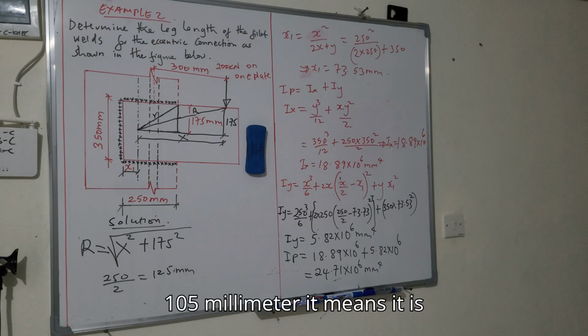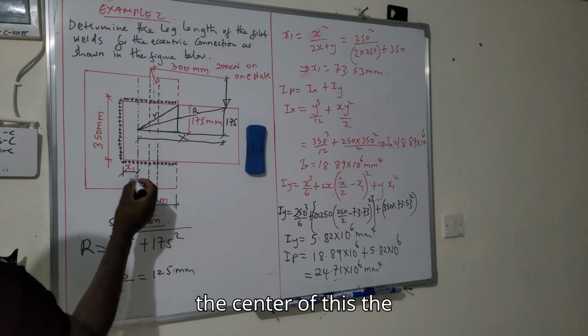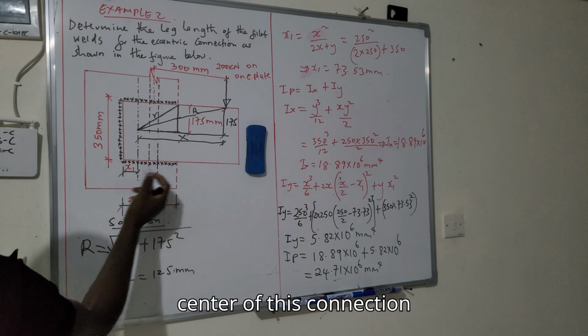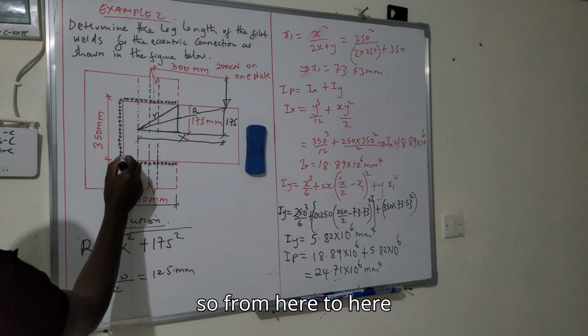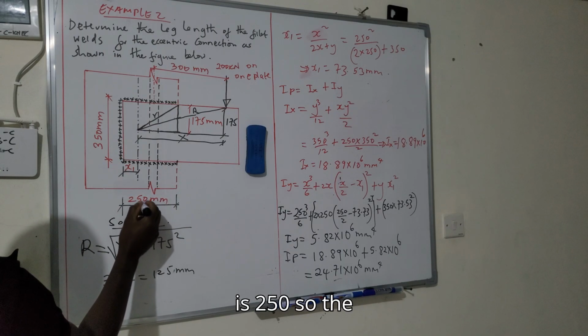125 millimeter, it means it is the center of this connection. So from here to here is 250.